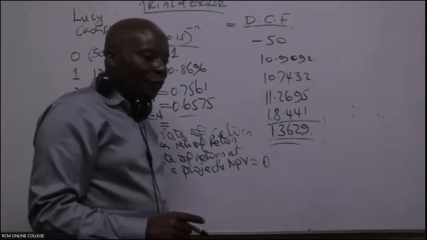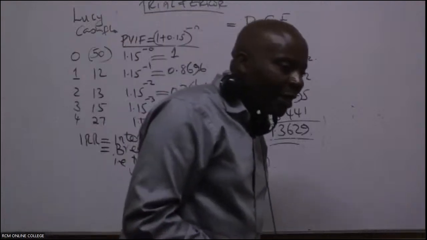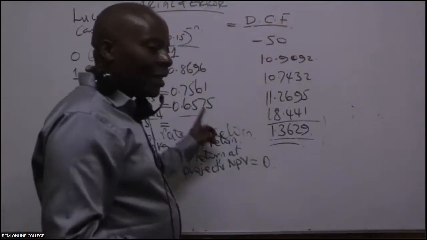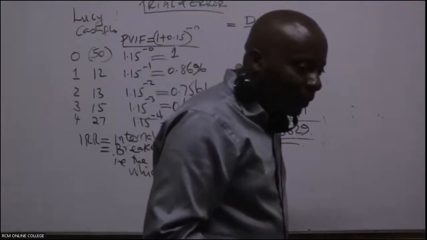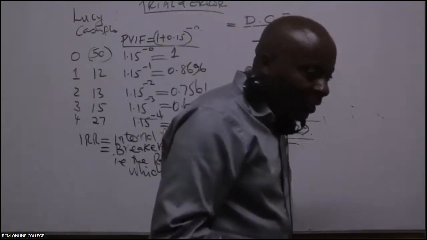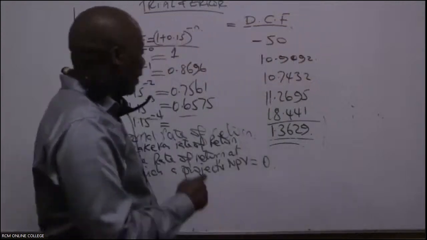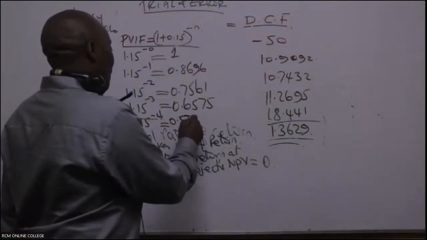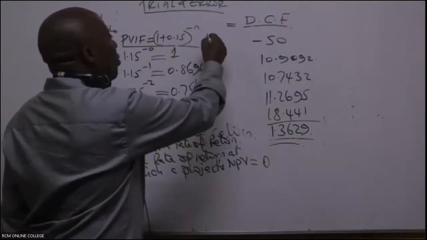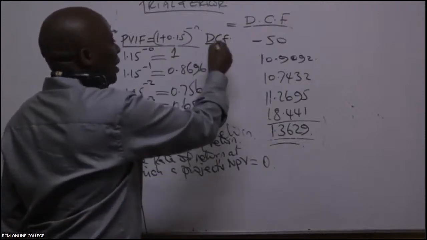According to Anne, we have 0.6575. Betty is giving me 0.5718. So then I would want you to create a column for discounted cash flows here.